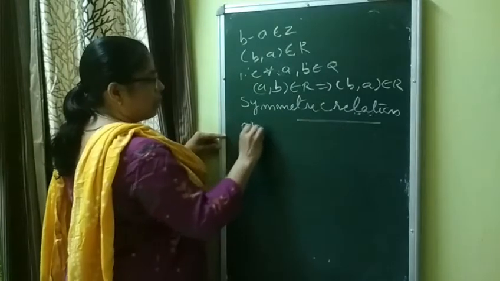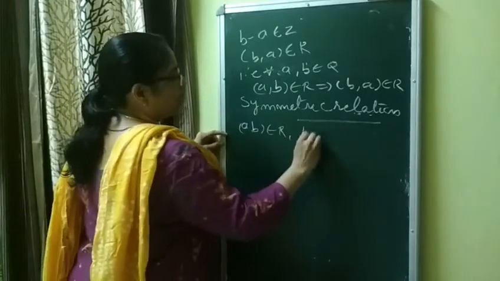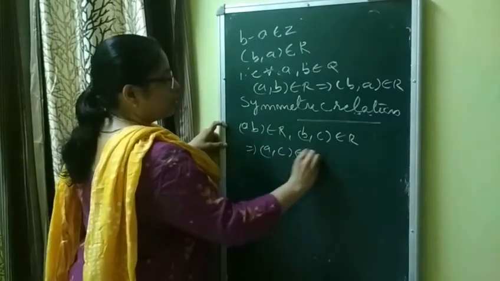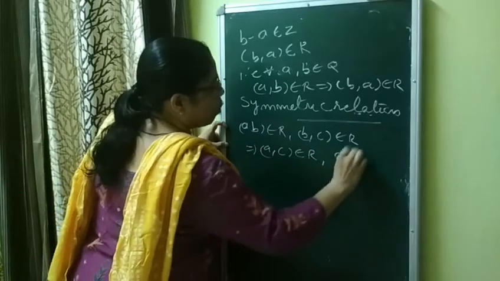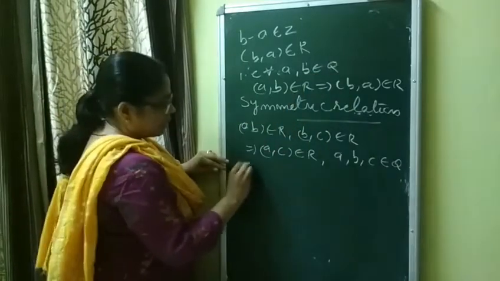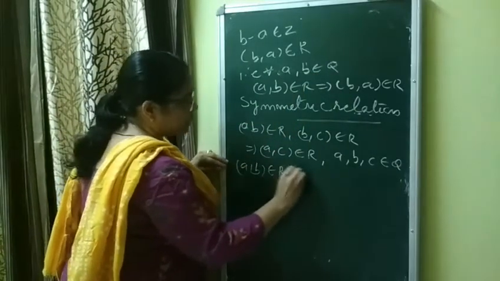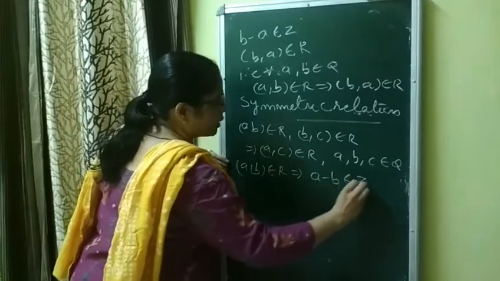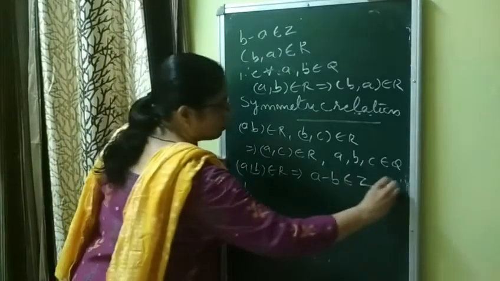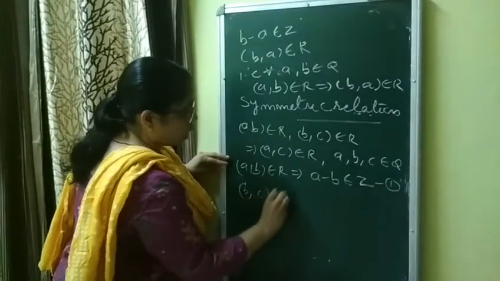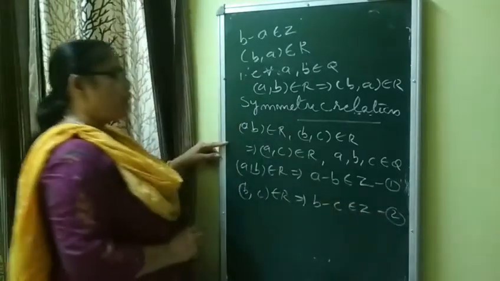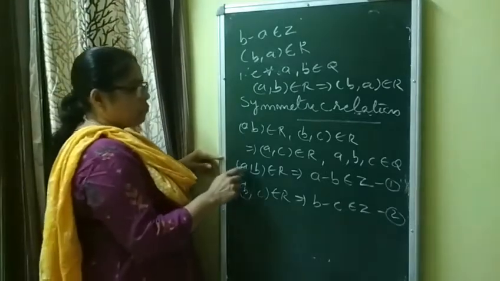Third one is ab belongs to R, bc belongs to R implies ac belongs to R. But the condition is all a, b, c must be from the given set of all rational numbers. ab belongs to R implies a minus b belongs to Z as per the definition of the given relation. This is equation number 1. Now bc belongs to R implies b minus c belongs to Z, equation number 2. Now you have to prove that ac belongs to R from these two conditions.